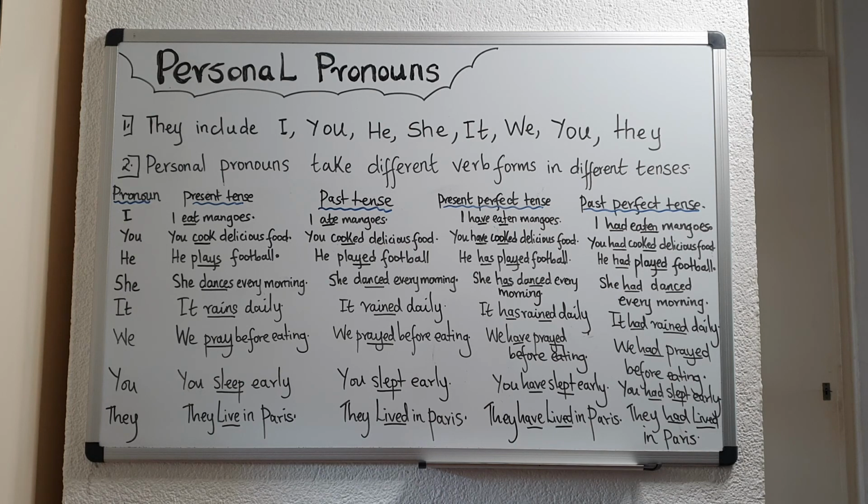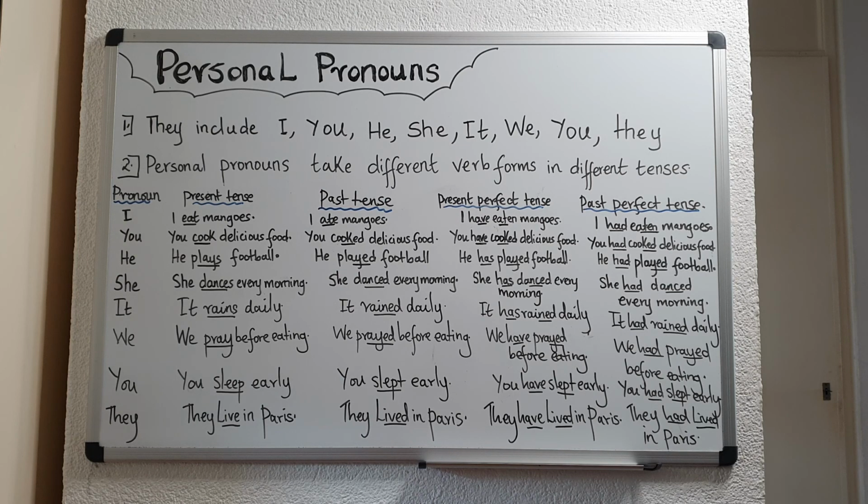You can never say they has lived in Paris. No, because they always combines with have in the present perfect tense. And in the past perfect tense, it's very simple. It's they plus had plus the verb in the past tense. Okay? They had lived in Paris.